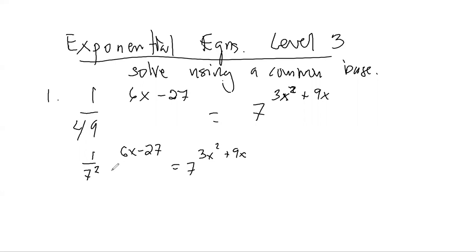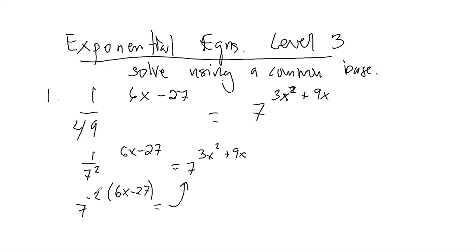But if you'll recall, when there's an exponent in the denominator and it's positive, if you bring it up to the numerator, it's negative. Negative exponents just mean fractions. So now I can rewrite it with the same base, but I'll use the negative exponent: 7 to the negative 2 power raised to the 6x minus 27. And that's going to equal the same expression on the right-hand side.